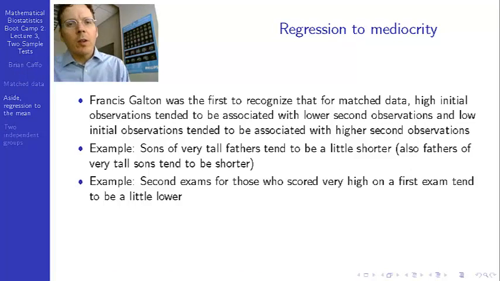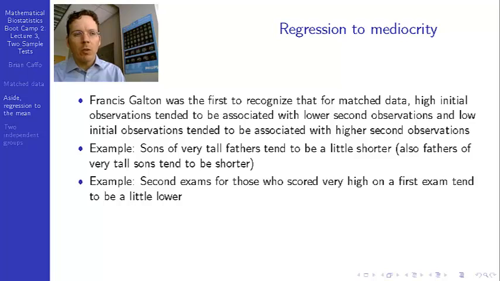Okay, so as a bit of an aside, since we're talking about paired data, I thought maybe I'd talk for a minute about regression to the mean, because it's a historically famous topic, and it involves one of the eminent characters in the discipline of statistics. That person's name is Francis Galton.